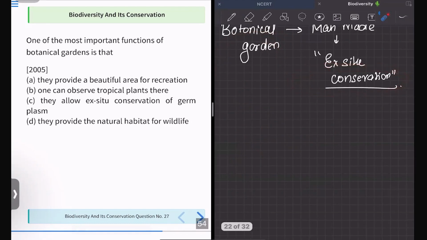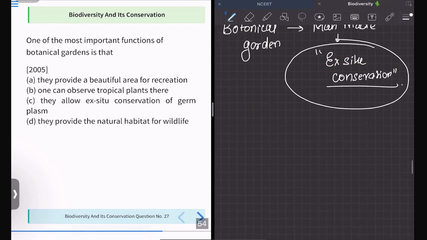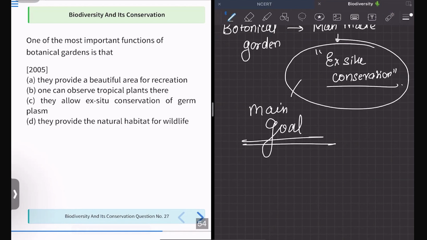We wanted to conserve the species, the plants, the wildlife. So conservation is our main goal. Others are additional benefits. Definitely, there are recreation spots, there is natural habitat for wildlife, and we can see various tropical plants. But those are all additional, and the main important function is ex situ conservation. So option C would be the most appropriate answer for this question.